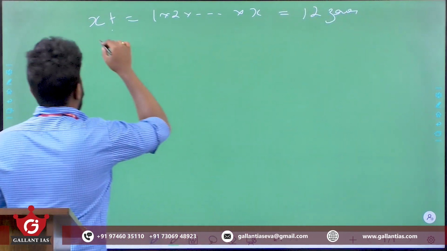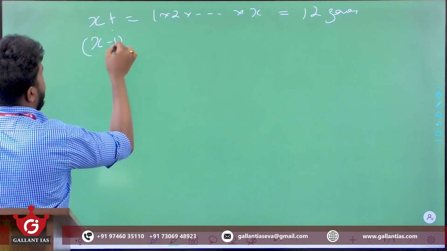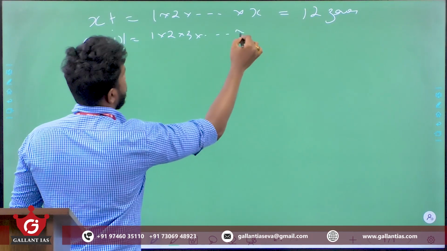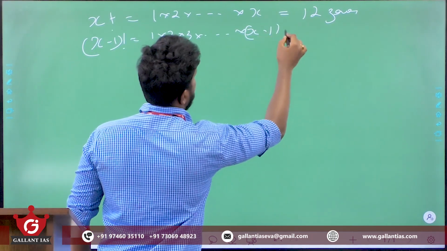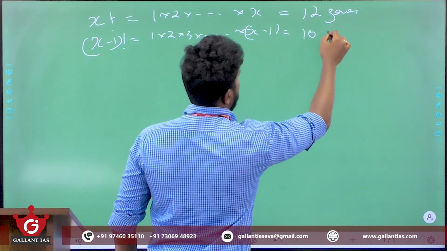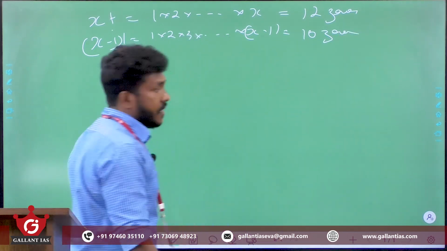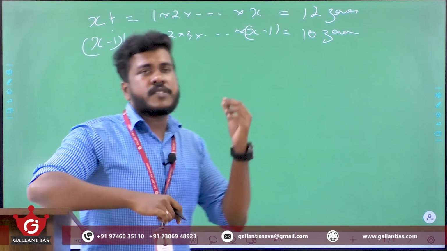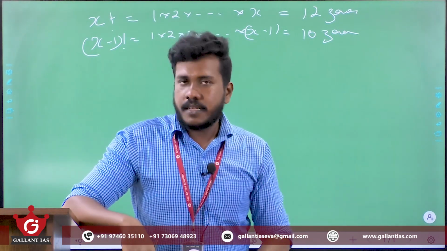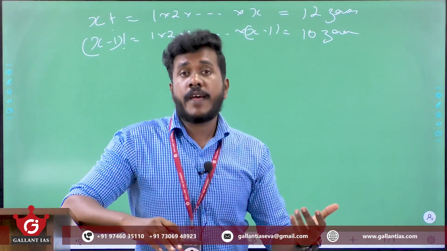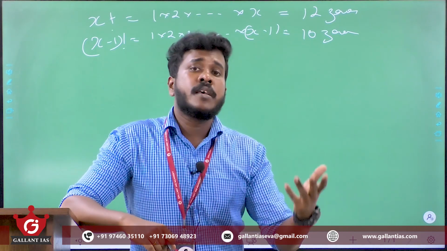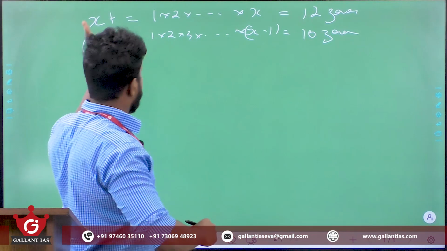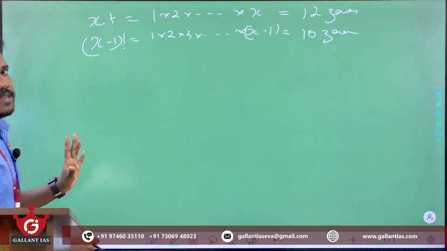And x minus 1 factorial, that is 1 into 2 into 3 into etc. up to x minus 1, contains only 10 zeros. That means, for example, if the number were 25, then 25 factorial contains 12 zeros, but 24 factorial contains only 10 zeros. Likewise, we need to find the value of x here, right?